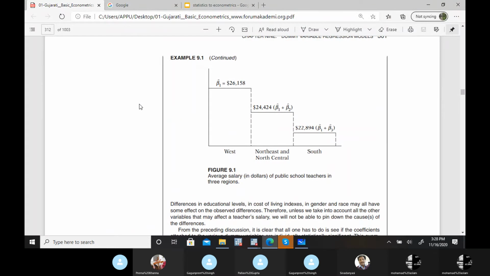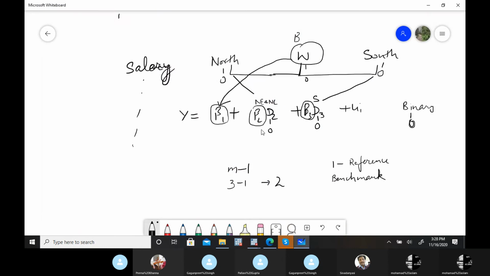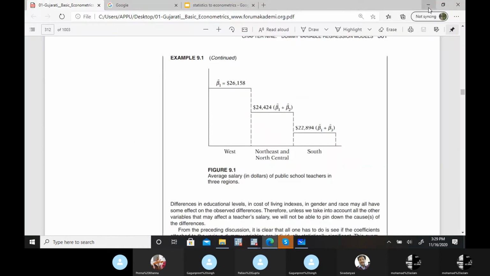Yes, these are the slope coefficients for these two dummy variables, but this is only a change in the intercept, that is the average change from the left-out part, the benchmark category. In this case, we kept West as the benchmark category.